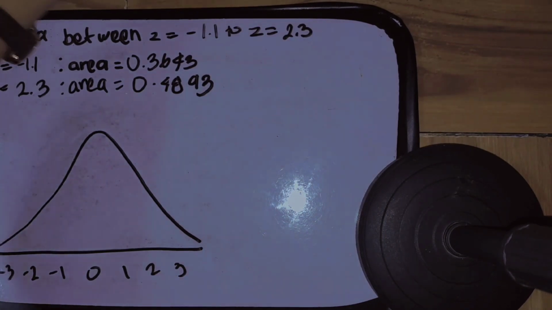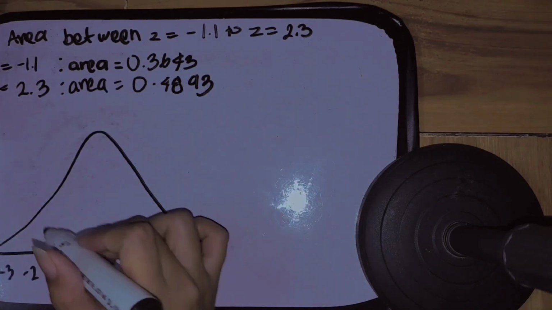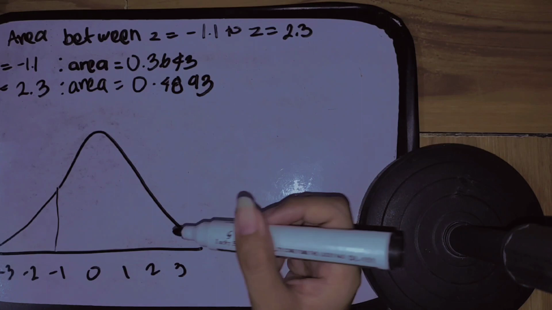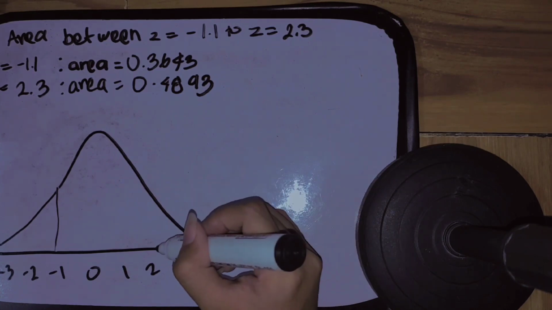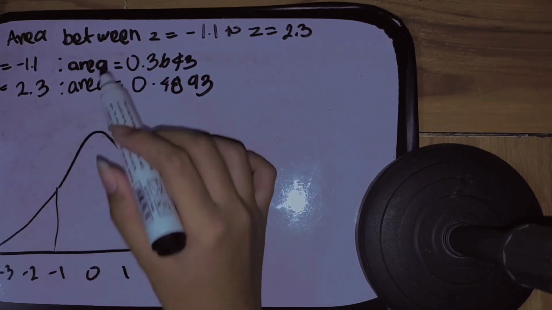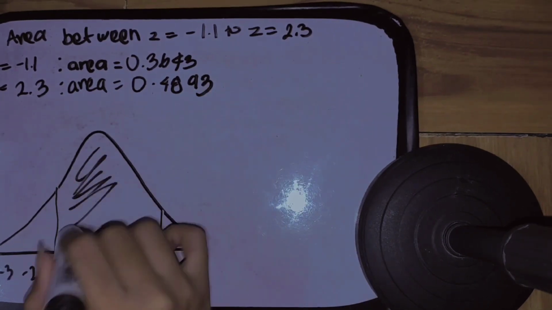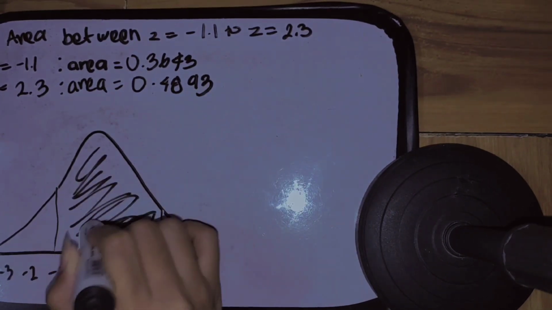Hanapin na natin kung saan ang shaded part. So, first, negative 1.1. So, dito. Sunod, positive 2.3. So, dito. Since area between, shade natin ang gitnang part.